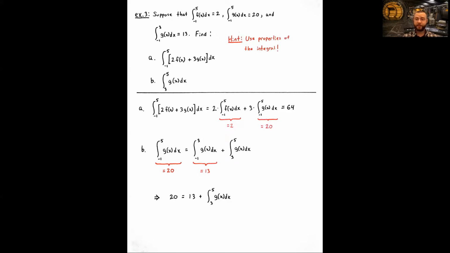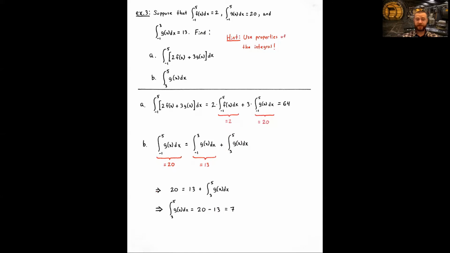Here we get a very simple equation. We just solve that for what we're asked to find, the integral of g of x from 3 to 5. So we get the value by subtracting, and it comes out to 20 minus 13, which is 7.